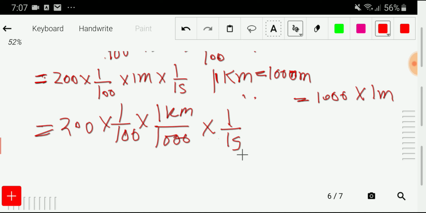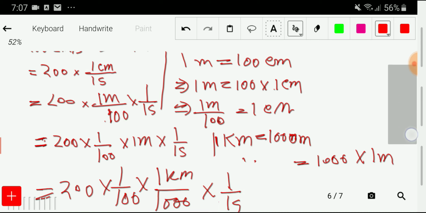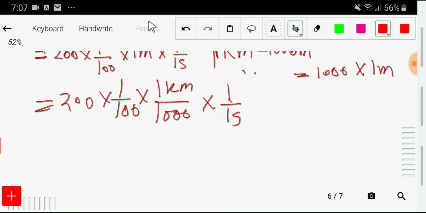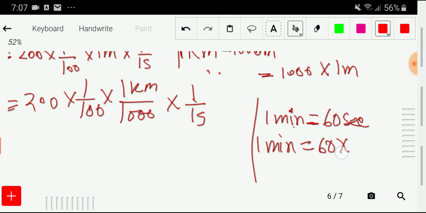Now we have to convert second to hour, because we have to go from centimeter to kilometer, then from second to hour. We know that 1 minute equals 60 seconds. So we can rewrite 1 minute equals 60 times 1 second.